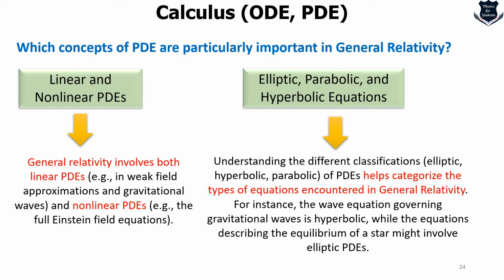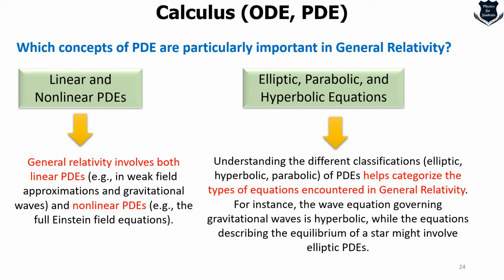Because we are transitioning from a flat Euclidean space to a more complex hyperbolic coordinate system, elliptic, parabolic and hyperbolic equations are very important, and the Minkowski space diagram itself is a big proof.